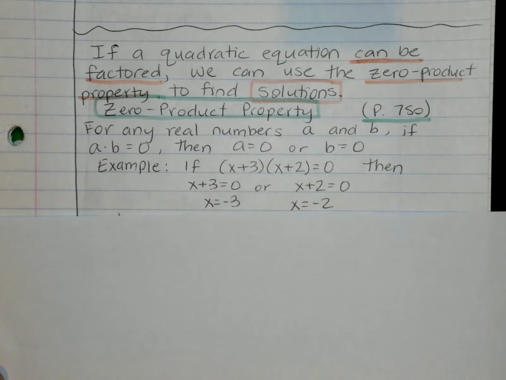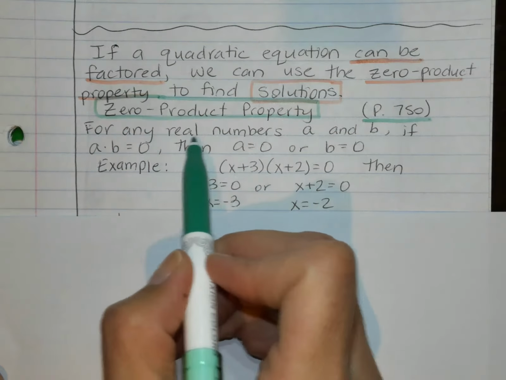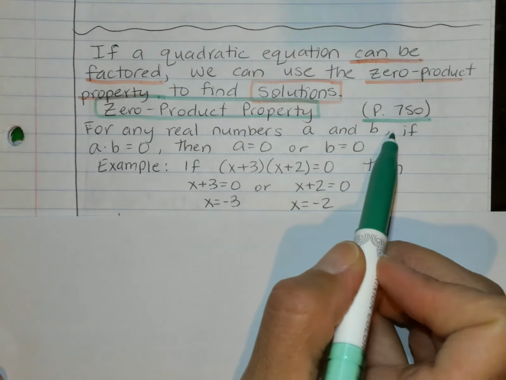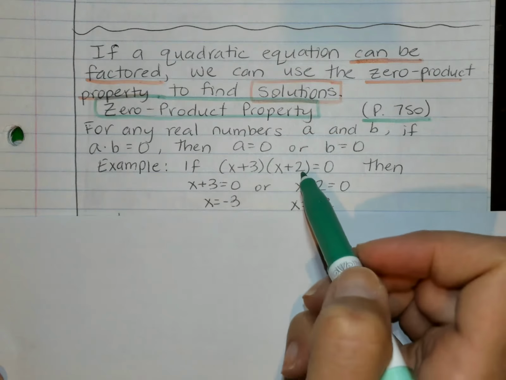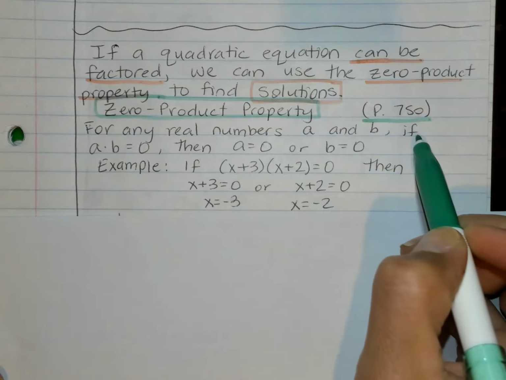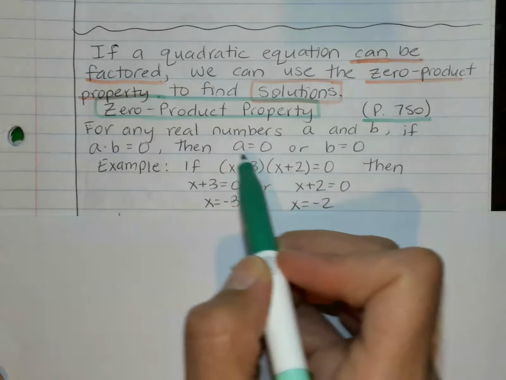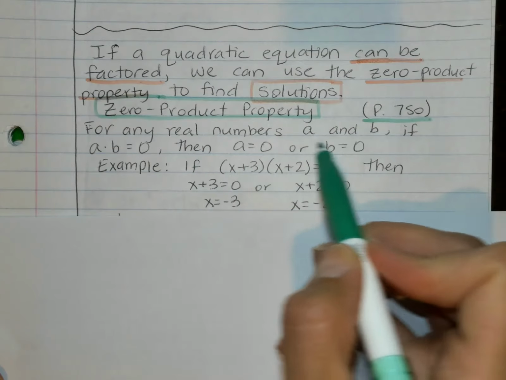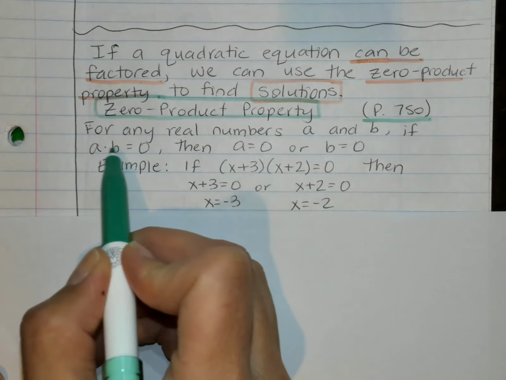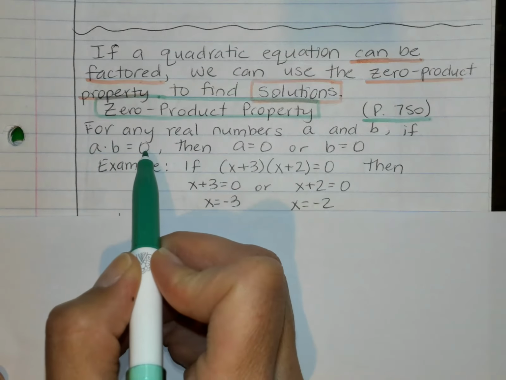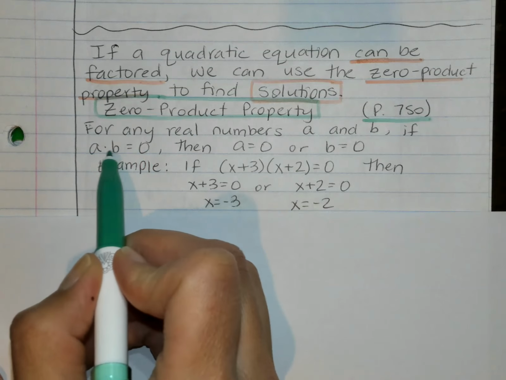Okay, so what that says, it says for any real numbers A and B, they could be any real numbers. If A times B equals 0, then A could equal 0 or B could equal 0. Just one of them has to equal 0 for this product to equal 0. So like, let's say A is 0, but B is 5.